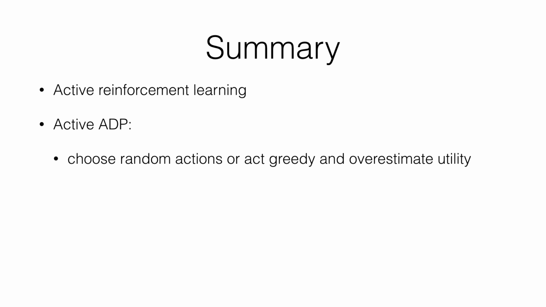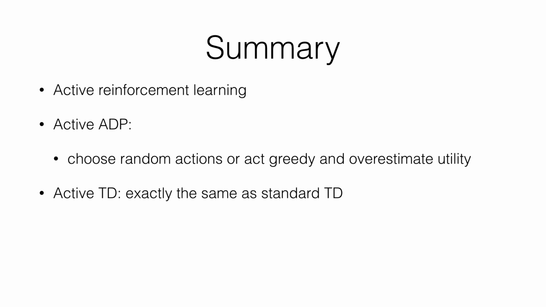So let's just summarize. What we covered in this video are general concepts surrounding active reinforcement learning. I talked about active adaptive dynamic programming, where we choose random actions, or we act greedy and we overestimate the utility. Both of these are reasonable things to try, and they both work fairly well and have some guarantees.